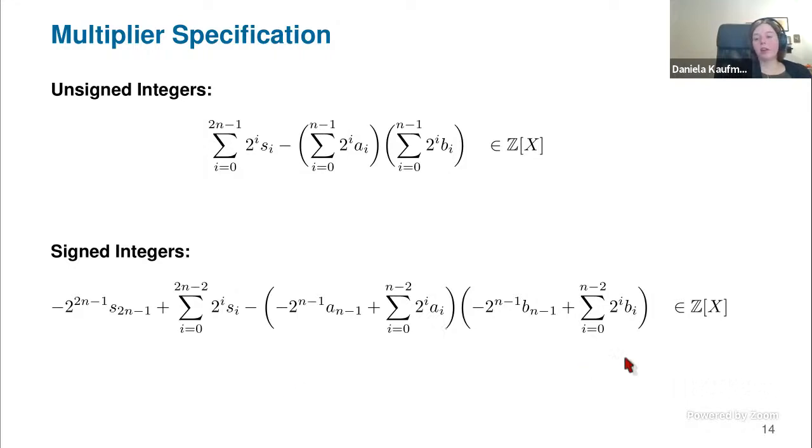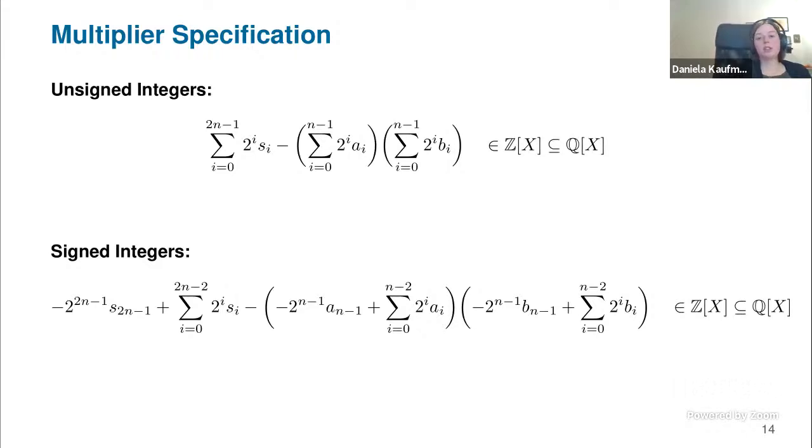Mina just argued why we choose the polynomial ring over the integers, but actually we make it easier for us, because the polynomial ring over the integers is a subset of the polynomial ring over the rationals.